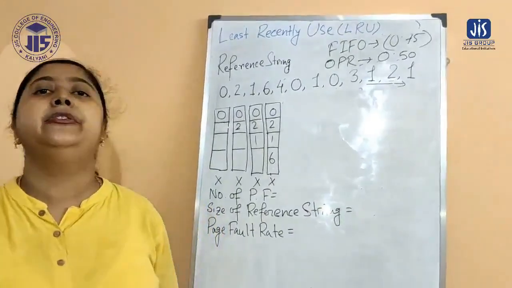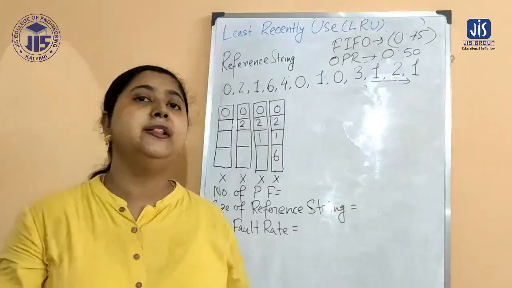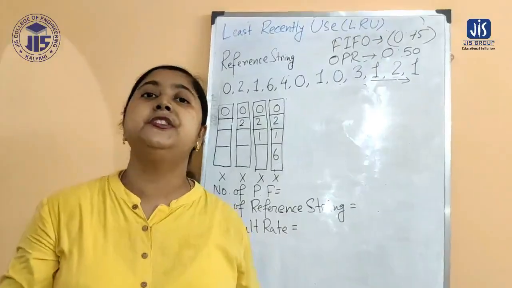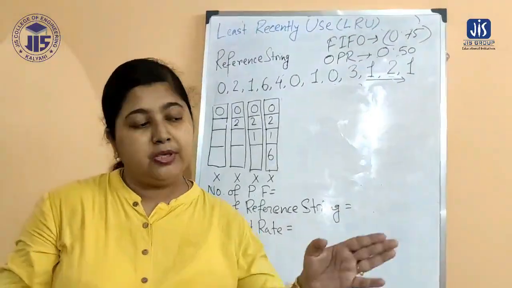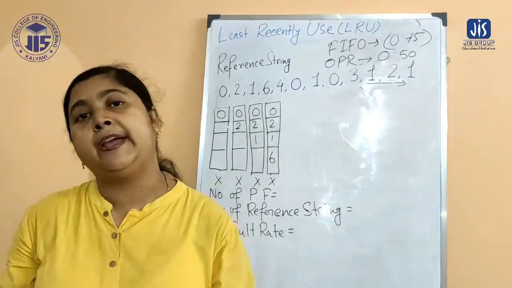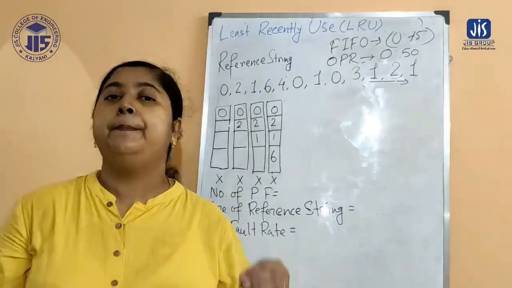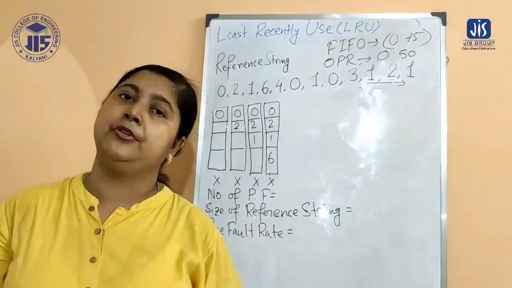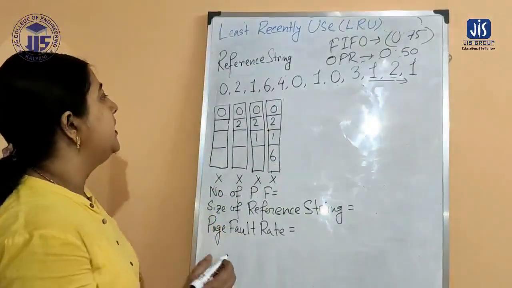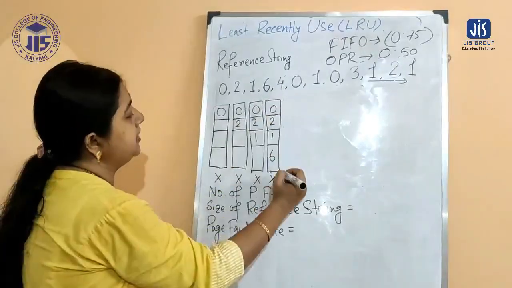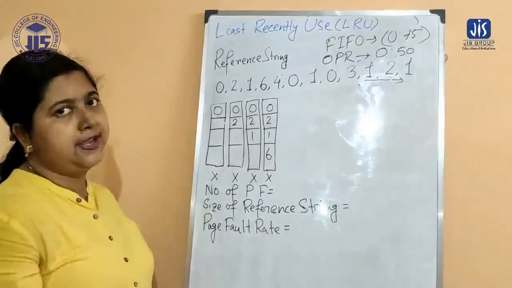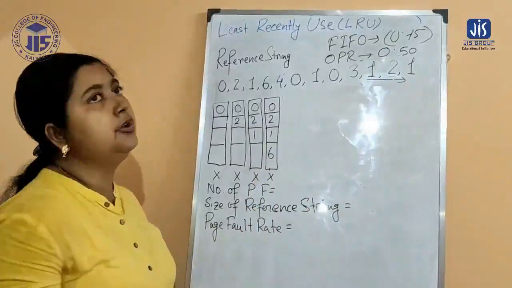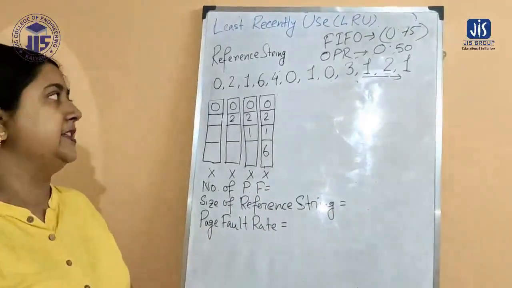And there is a theory that whatever happened in the past, there is a very strong probability it will happen again in the future. So, depending on that theory, the least recently used algorithm is executed. Now here, up to this point, the frame remains the same because there is no question of replacement.